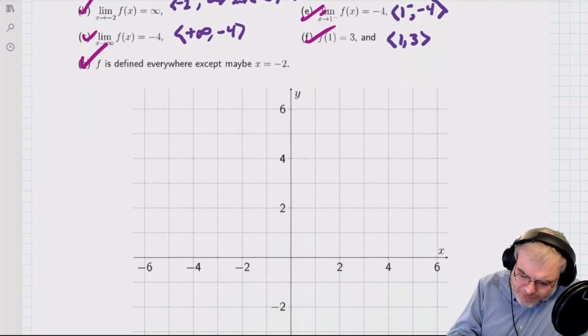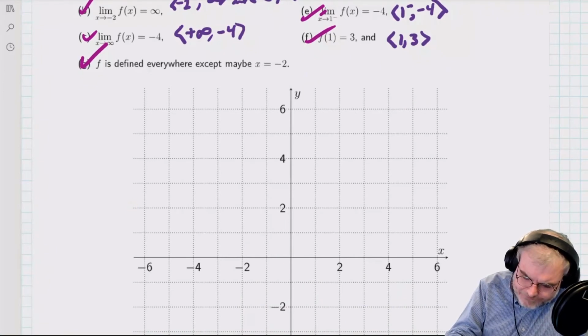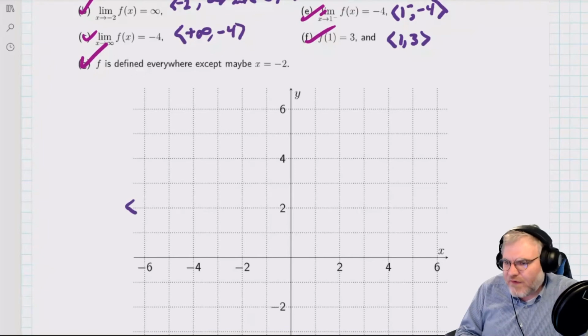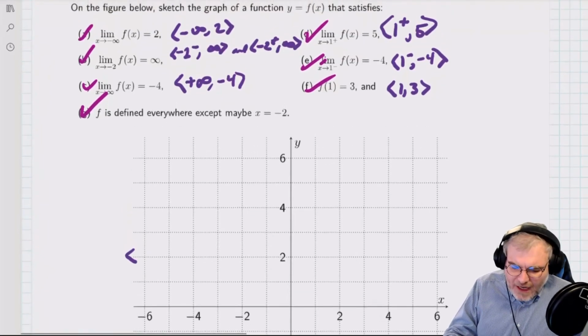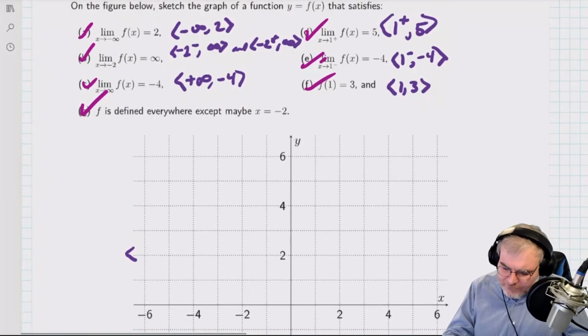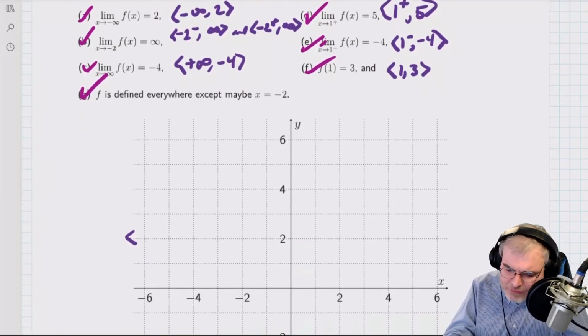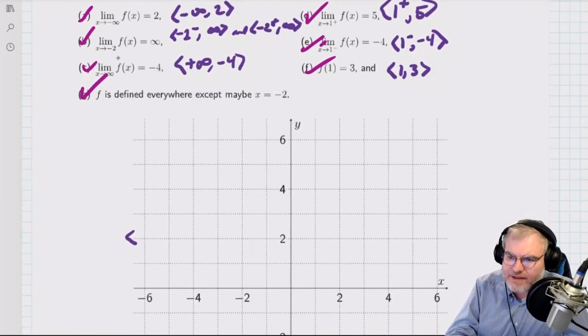I'm going to come up here and do negative infinity, 2, in purple. I'm going to leave that point there. And now I'm going to do negative 2, infinity, and notice that this is a two-sided one.